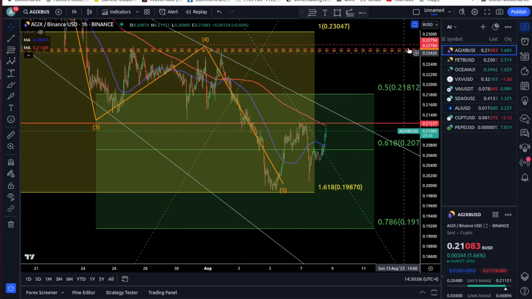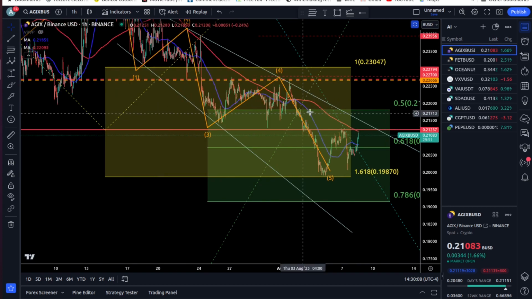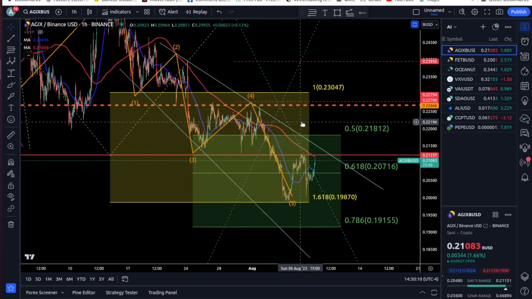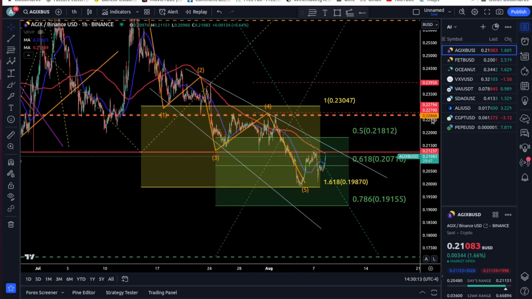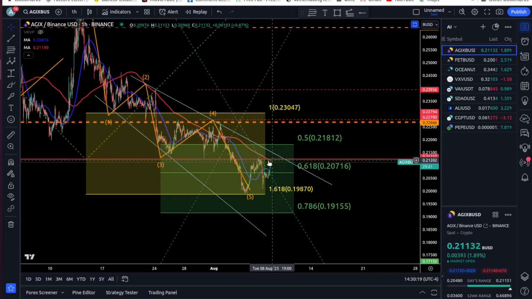But if I scale out, just to make it easier, because we don't want to go and check all the micro counts and micro moves, the first thing we need to pay attention to is price touching this downtrend line. We want to see if we can break it.